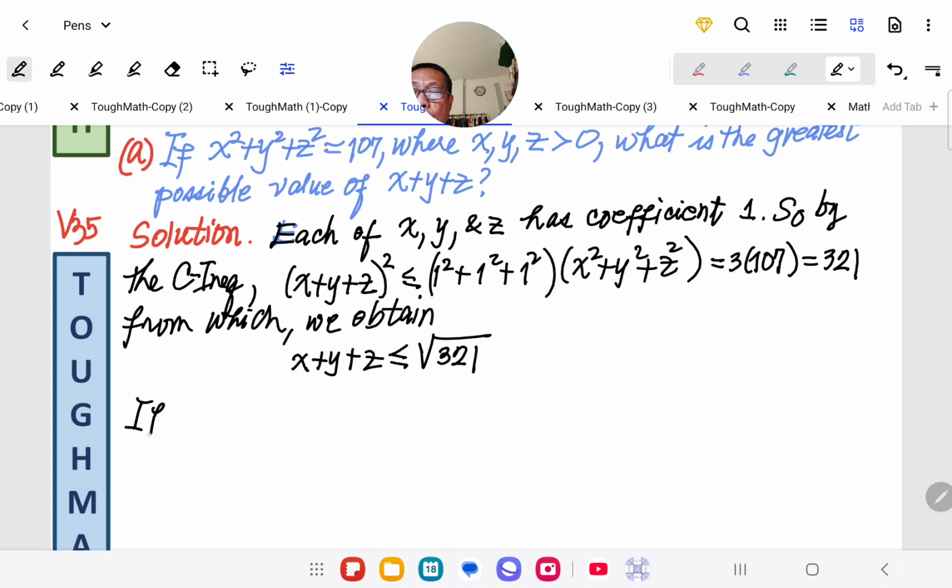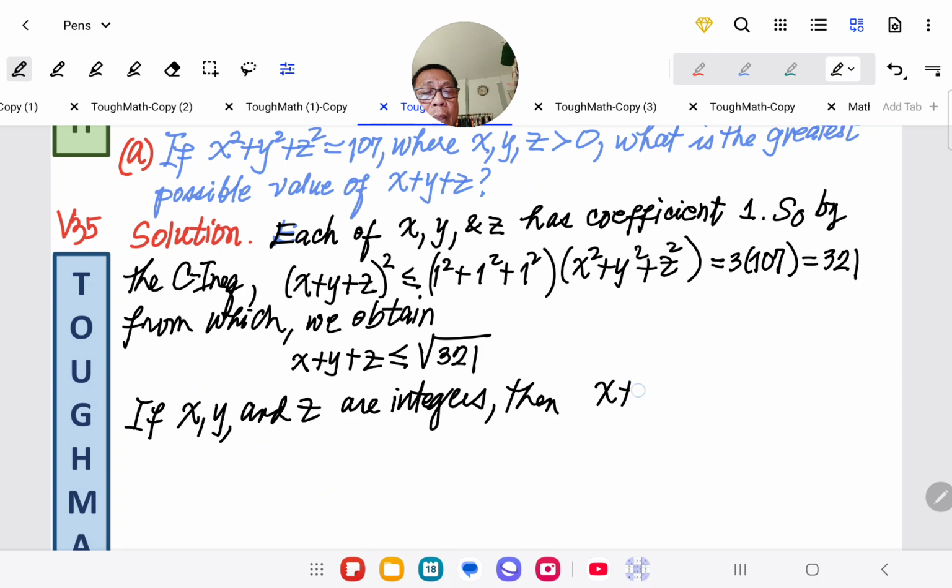If x, y, and z are integers, then x plus y plus z is less than or equal to 17, which is less than the square root of 321.